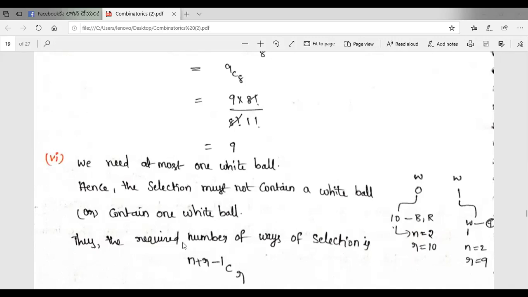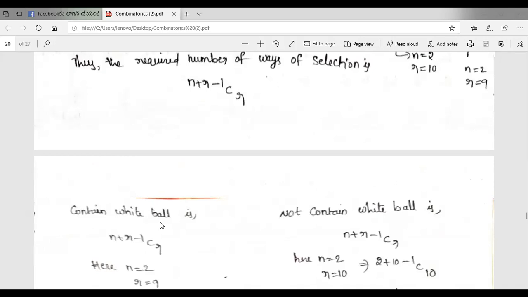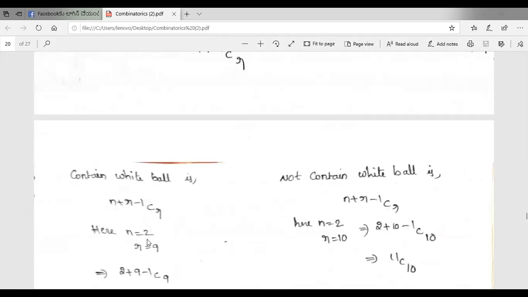Thus the required number of ways of selection is n plus r minus 1 C r. If the selection contains a white ball, n is equal to 2 and the remaining 9 we select from blue and red, so r is equal to 9.